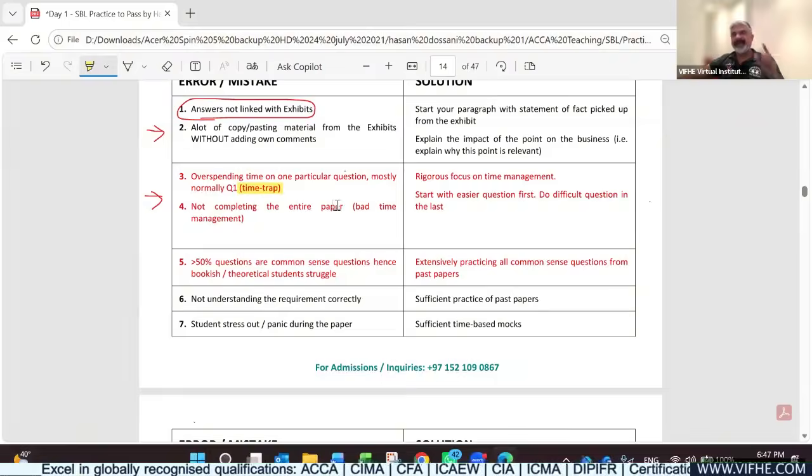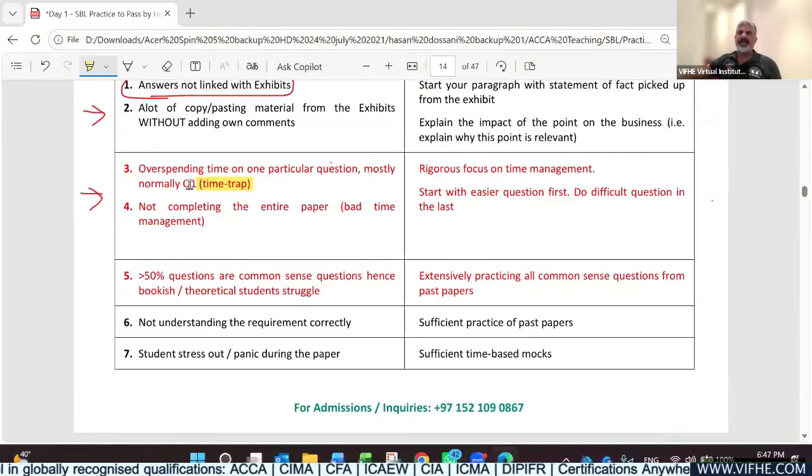So the examiner deliberately includes a question in which the student gets sucked in and ends up spending extra time. That's a deliberate strategy. That is why I call it a time trap. You are being trapped.